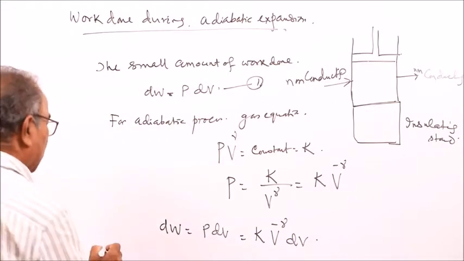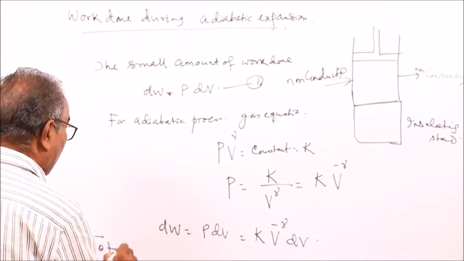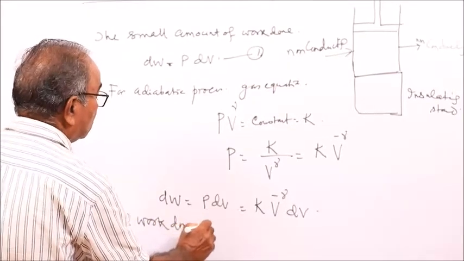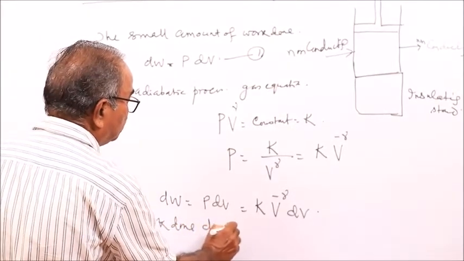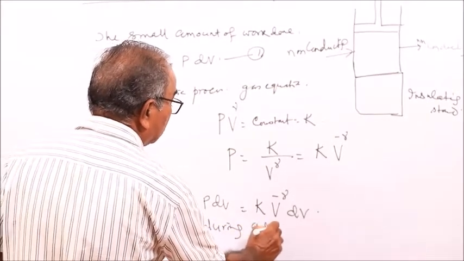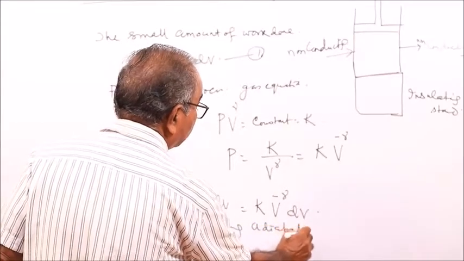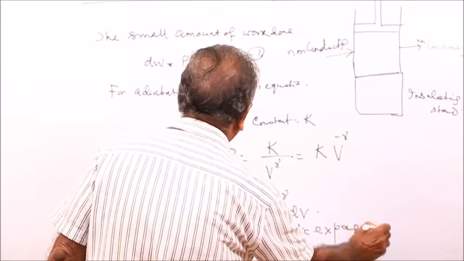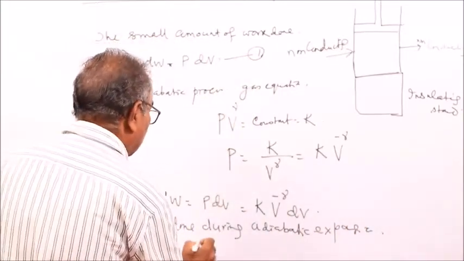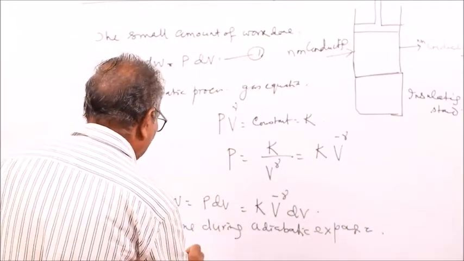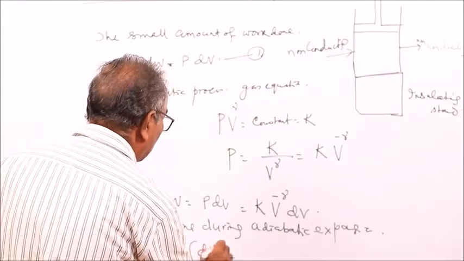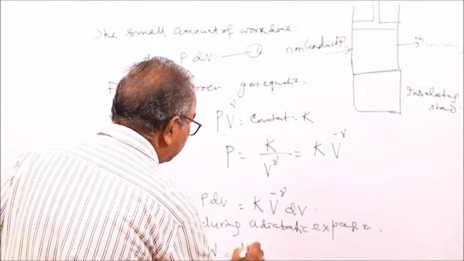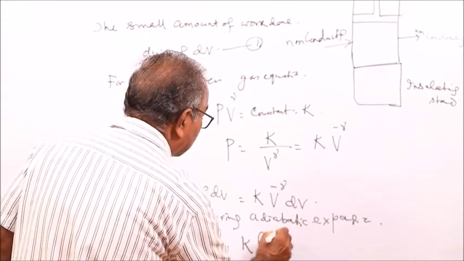So the total work done during adiabatic expansion is the integral of dW, so W is equal to K integral of V to the power minus gamma dV.